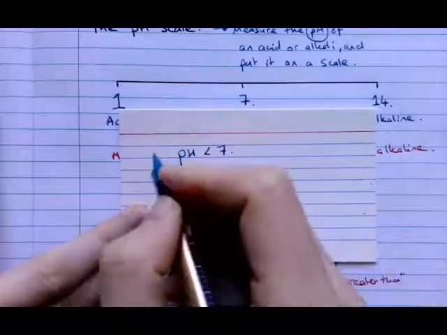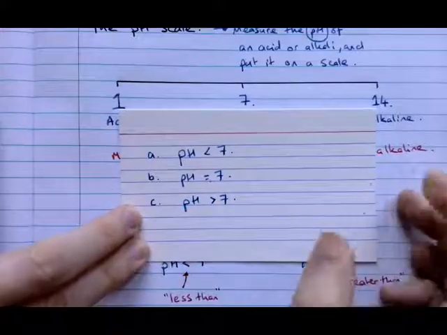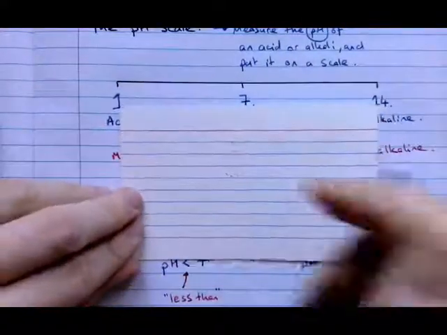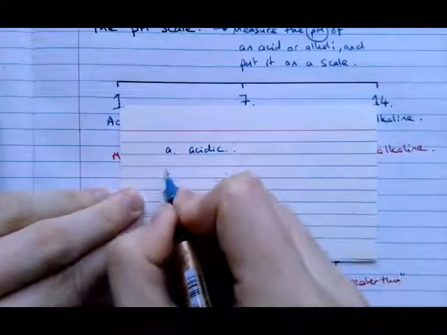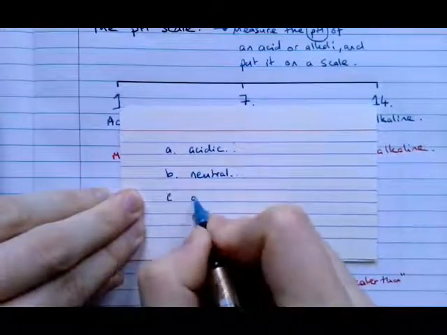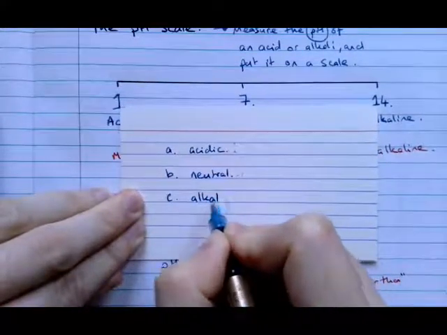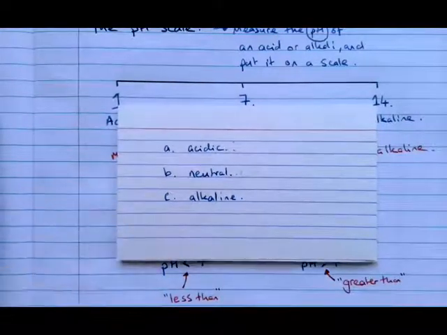And then these are our three situations, A, B, and C. And then on the other side you could have, well, A is going to be acidic, B is going to be neutral, and C is going to be alkaline. Okay, right, good job.